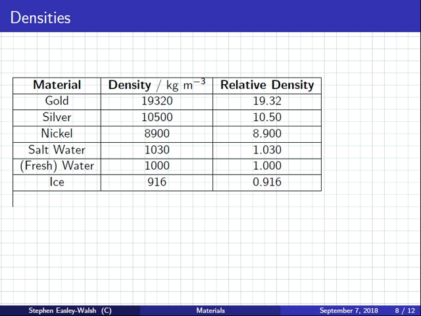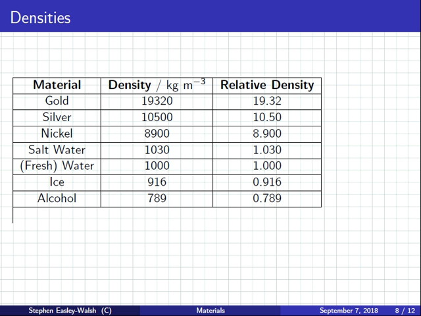No, it floats. It might sink in alcohol, because for alcohol the density is less. So if you put ice in alcohol, it will sink. If you put it in fresh water, it will float.